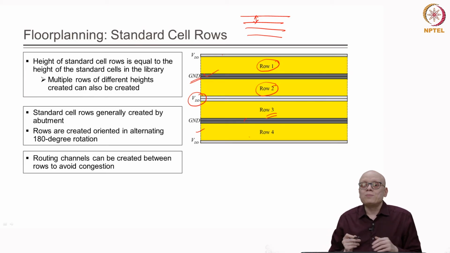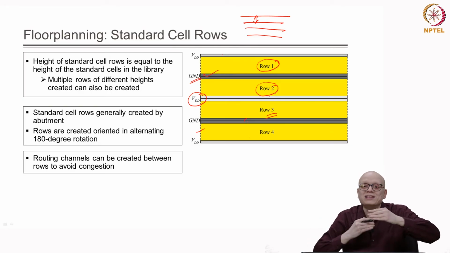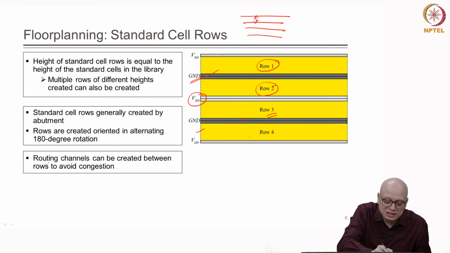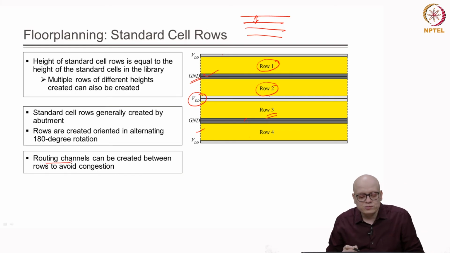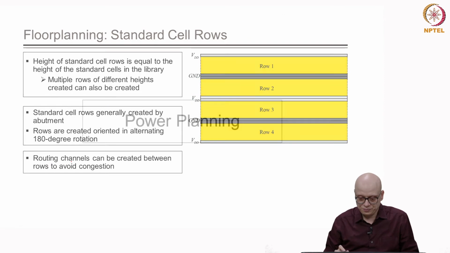Now, if there is a problem of congestion, then between say row 1 and row 2 we can open up spaces. So, routing channels can be created between rows to avoid congestion, right. These are some of the tasks that we carry out during floor planning.